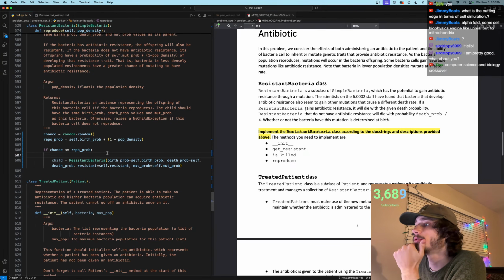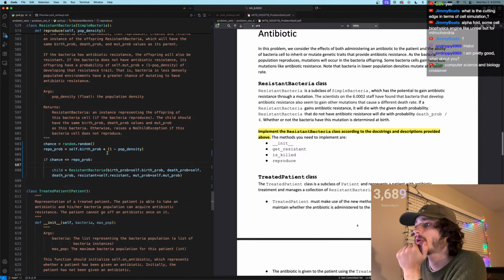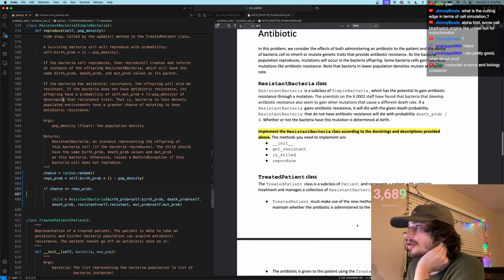But what we need to do is determine a few more conditionals here.